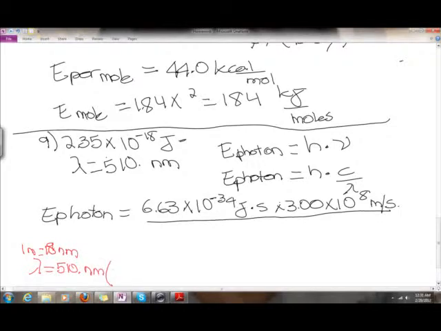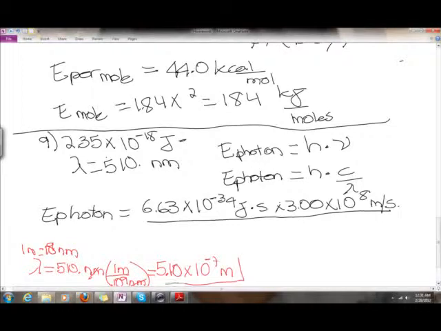The SI unit would be meter, so 1 meter divided by 10 to the 9th nanometer. Nanometer and nanometer cancel out, and it gives you 510 by 10 to the minus 9, which in standard scientific notation, don't forget this, is 5.10 by 10 to the minus 7 meters.